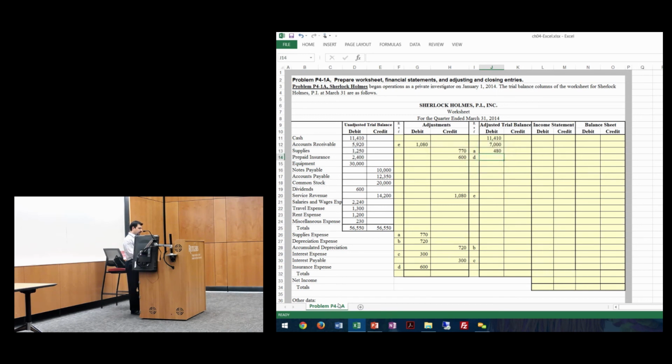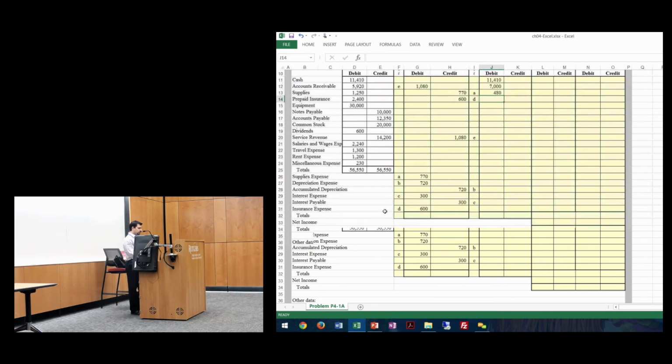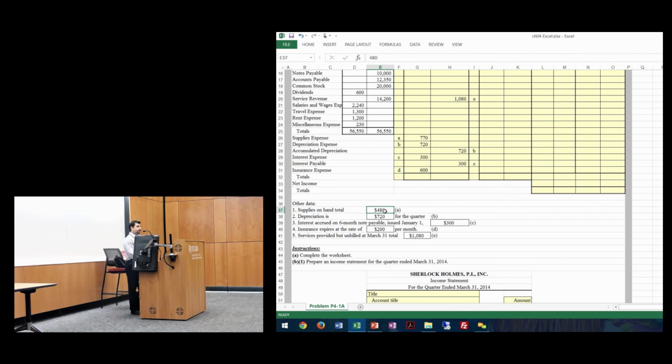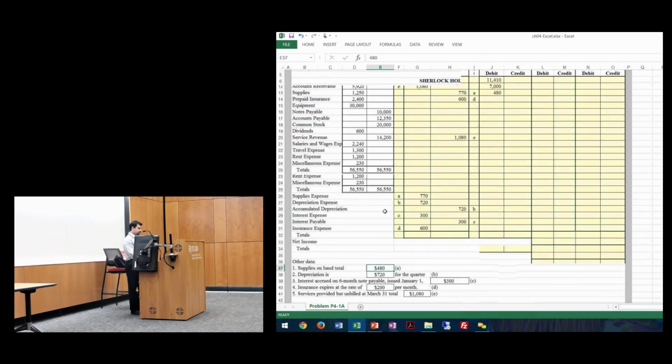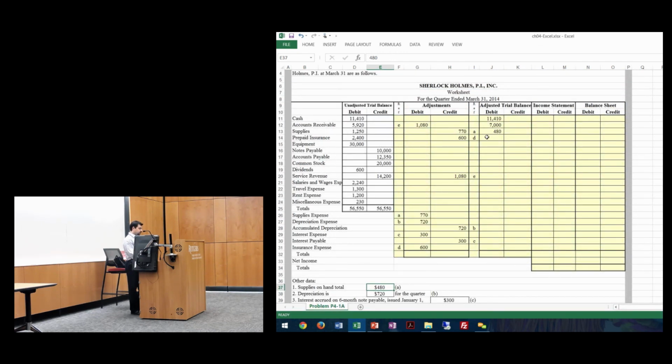And as you can see, it's 480. This is the same amount that we had in the adjustment here. Next, what do we have? Prepaid insurance. It's equal to 1,800, right? As you can see, if it does not have a letter next to it, basically it did not change. So those ones are actually the same as these ones, so we can just copy them.